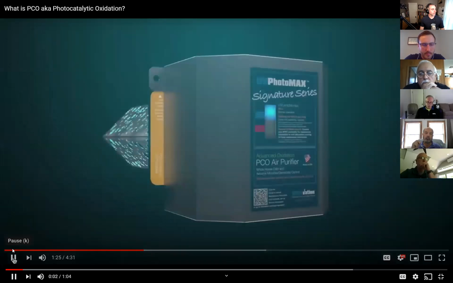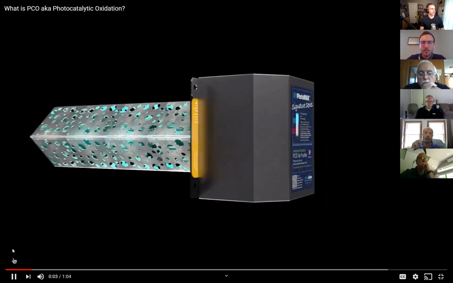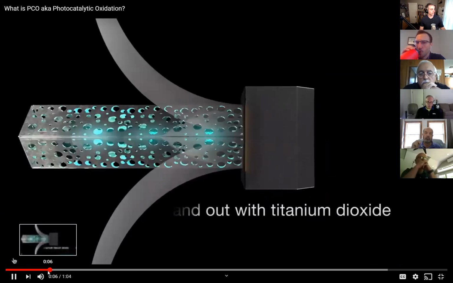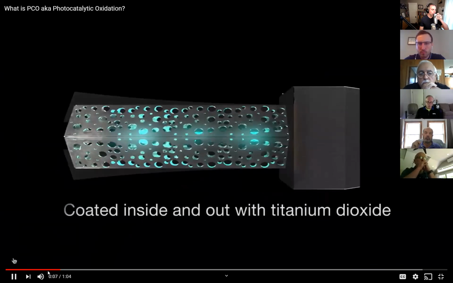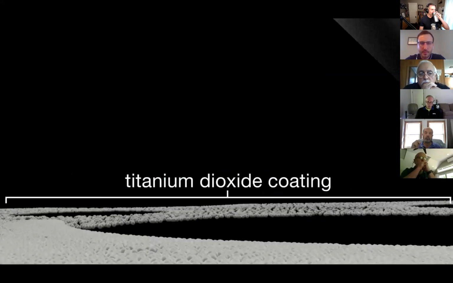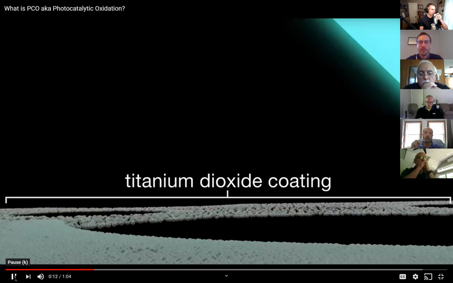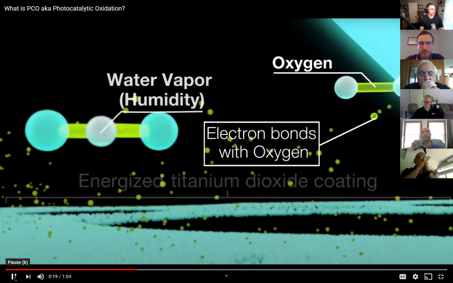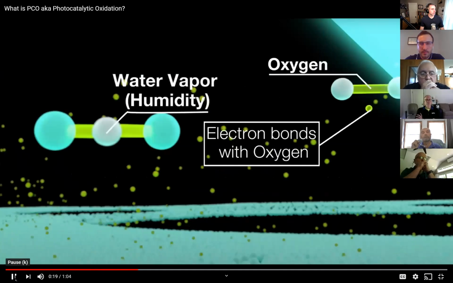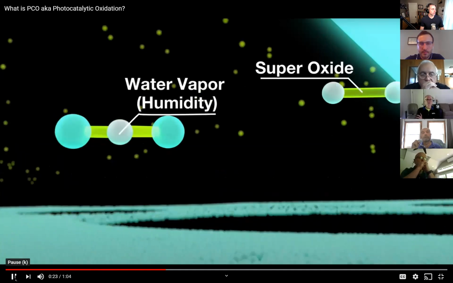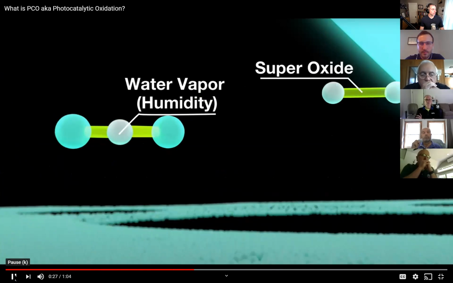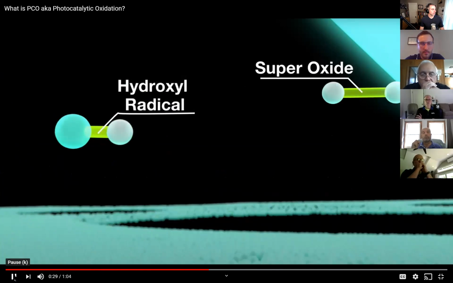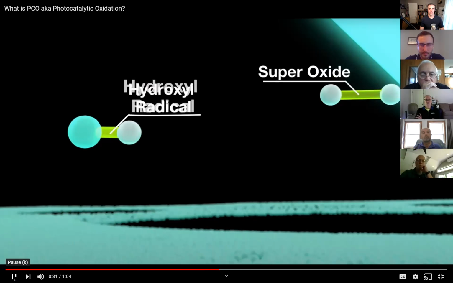Here's how it works. The UV Photomex Advanced Oxidation Module is coated with an exclusive titanium dioxide formulation. When UV light is applied to the surface, the titanium dioxide coating becomes energized, causing it to release electrons. The electrons then combine with oxygen to create what are known as superoxides. The titanium dioxide then collects replacement electrons from moisture in the air to become charged particles known as hydroxyl radicals.